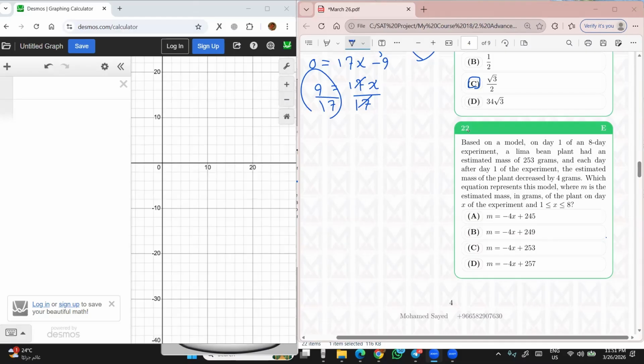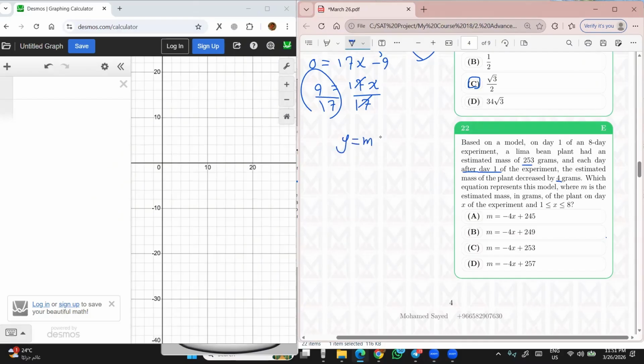And now we are reading question number 22. Based on a model on day 1 of an 8-day experiment, a lima bean plant has an estimated mass of 253 grams. And each day after day 1 of the experiment, the estimated mass decreased by 4 grams. Which equation represents this? So here we need to consider the modification of the linear function.